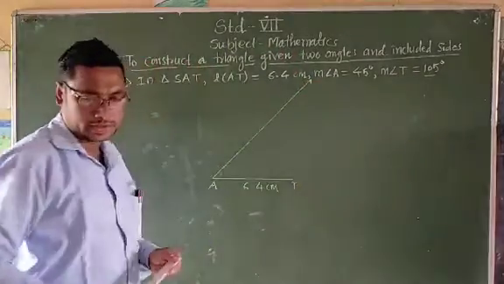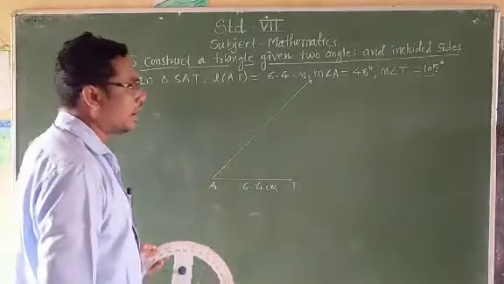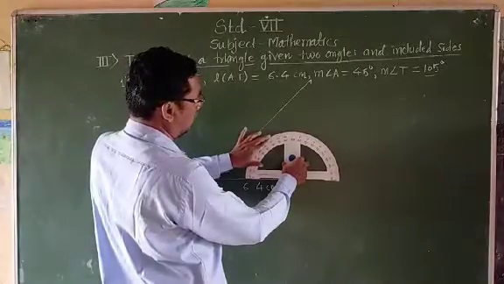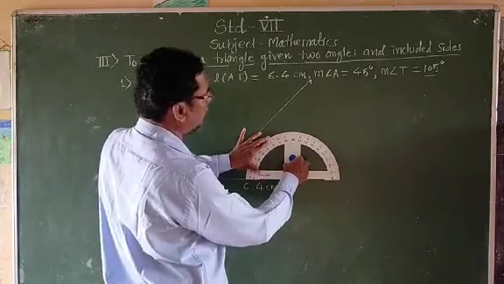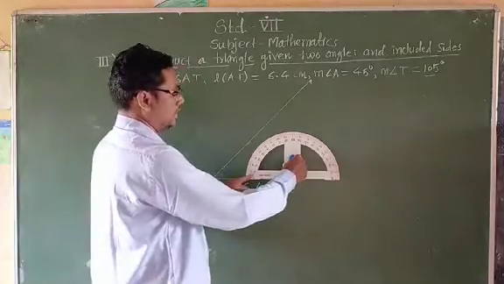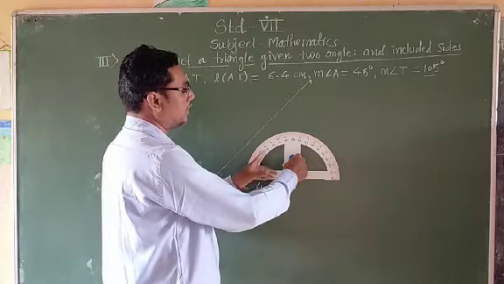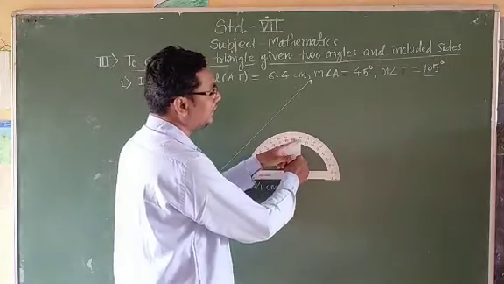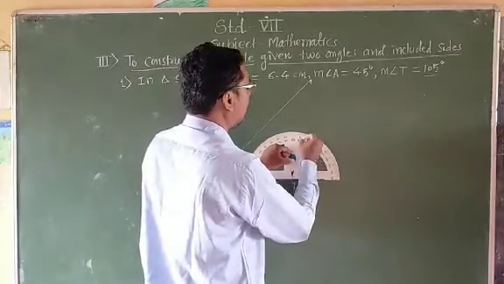Then look here, 105 degree, angle T of 105 degree. So put the pointer of the protractor on the point T. Now from which side do you have to count? Look here: 0, 10, 20, 30, 40, 50, 60, 70, 80, 90, 100 and 105.